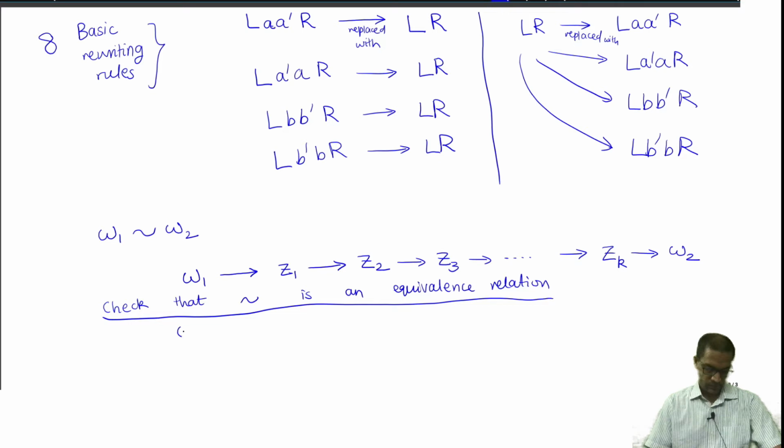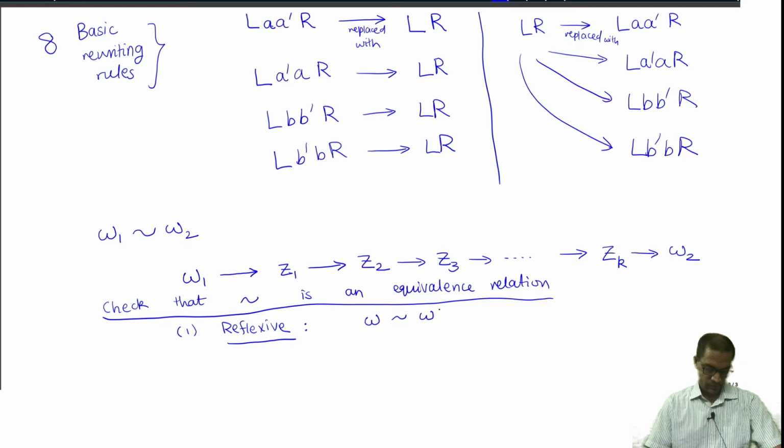Remember, equivalence relation means I need to check three things. I need to check that the relation is reflexive, which means given a word W, I need to check that it is equivalent to itself, and that is sort of trivial because I just don't apply any of the basic rewriting rules.